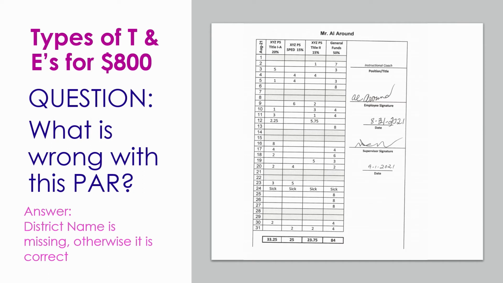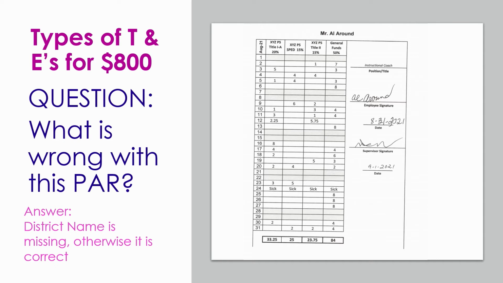The only thing that's really missing is the district name. All time and efforts have to have the district name on it. Otherwise, the dates are after the time. This one is August of 21. It has the percentages across the top. It has the signature after the date, at the end of August.